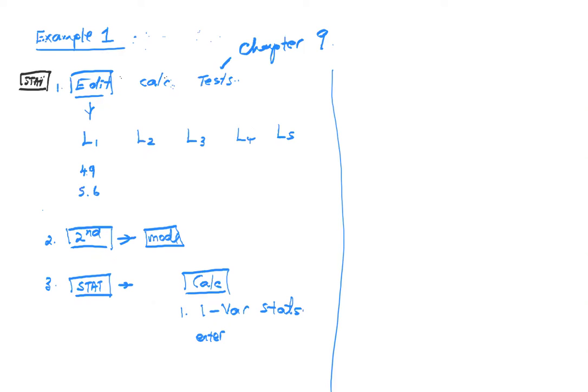Then it will come out list. Our list is in L1. There is no frequency, so just leave it blank. Then you bring the cursor down to calculate. Your cursor is on calculate, then you press enter.